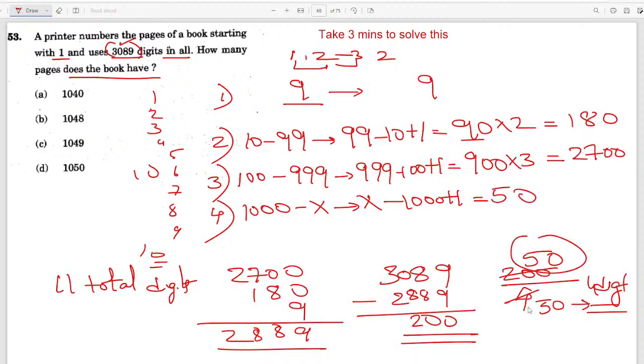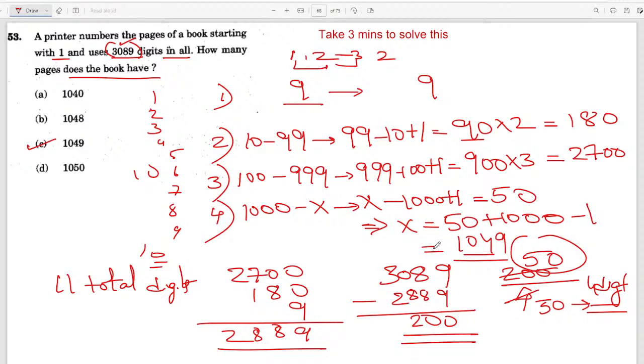So moving this 1001 to that side, x is equal to 50 plus 1000 minus 1, which is 1049. So the number of pages that the book has is 1049.